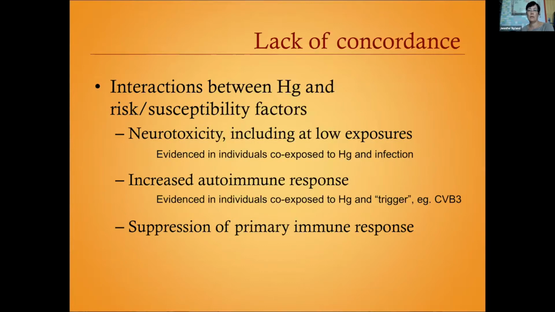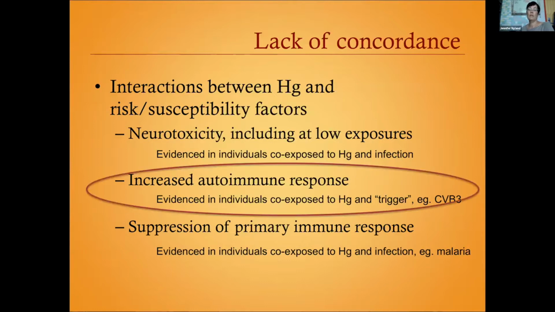For example, as I'll discuss in a moment, Coxsackie virus B3. And then we also have evidence to demonstrate that in addition to activating the immune response, mercury could also inhibit or suppress the primary immune response. And that's evidenced in studies that are in individuals who are co-exposed to mercury and infection, for example, malaria.